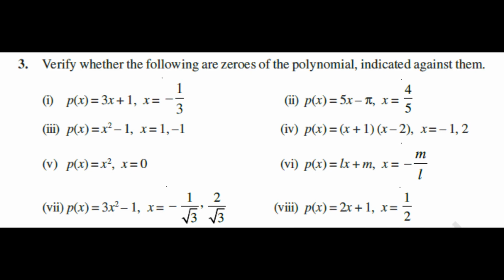Moving to seventh part of the question. The polynomial is p of x is equal to 3x square minus 1. And here the values of x that we need to check is x equal to minus 1 by under root 3 and 2 by under root 3.